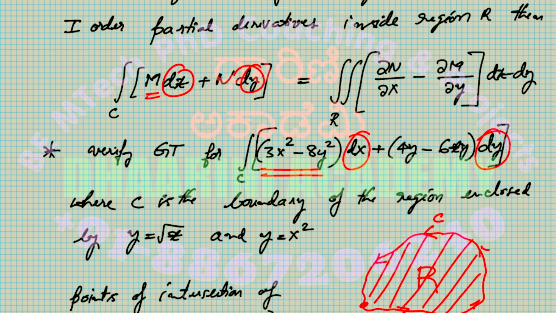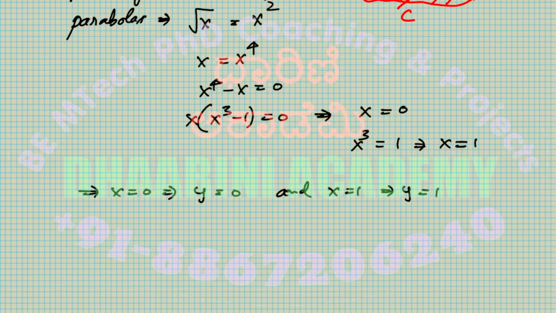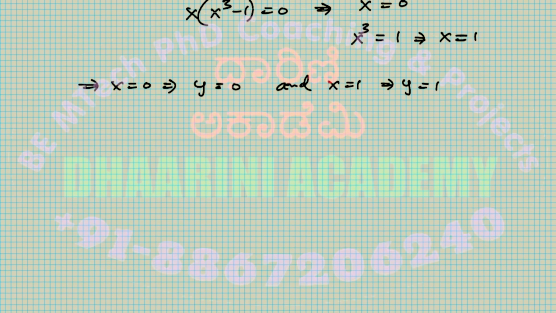So I understood that these are the M and N given. But the C is just mentioned, I need to find out, anyway we'll do that. But as of now we understood what are M and N and where the two curves meet. So let me try to draw that part of the graph.